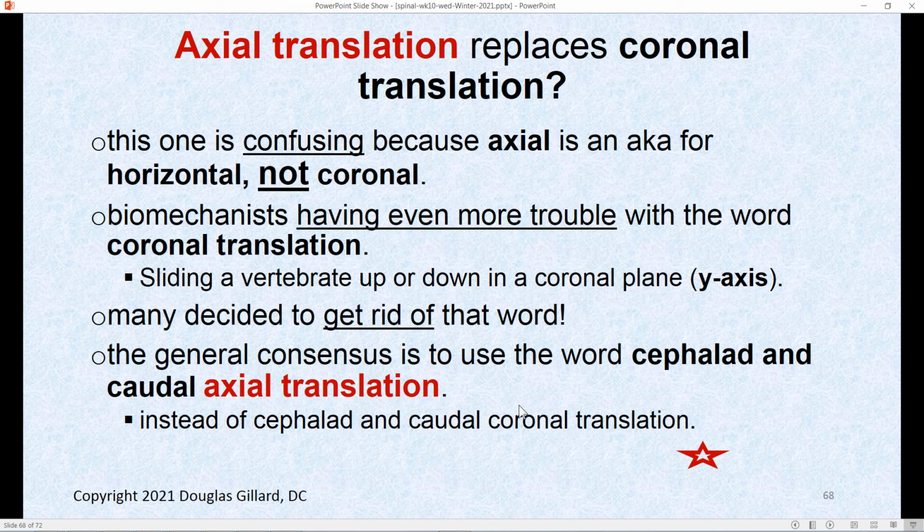But that's confusing because axial, again, is AKA for horizontal. So the general consensus now is to use the word axial translation instead of cephalad coronal translation. They do tend to use the word axial, but just remember where it came from. It came from that cephalad translation.